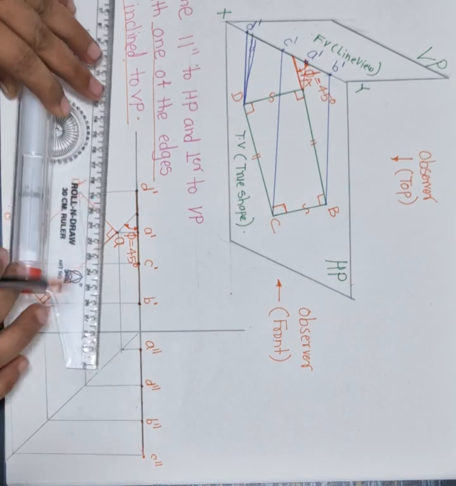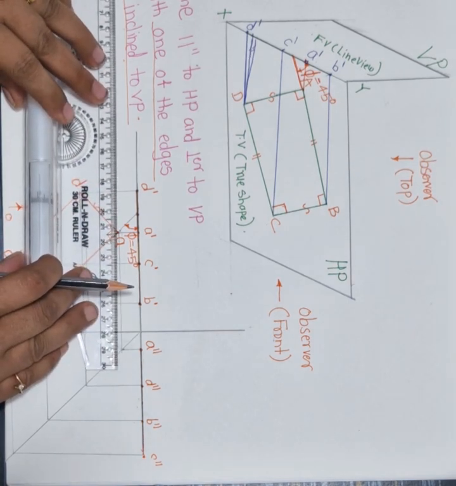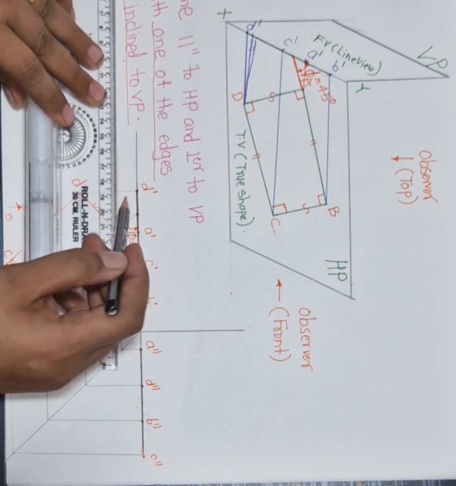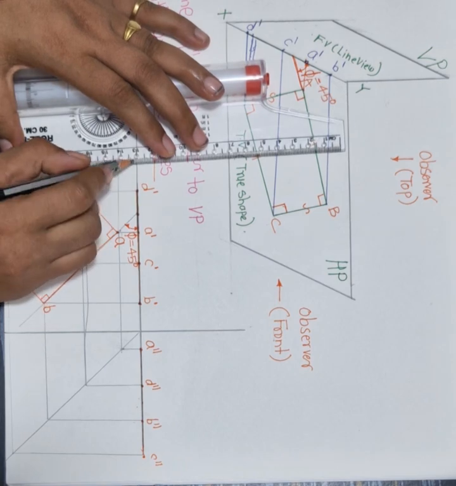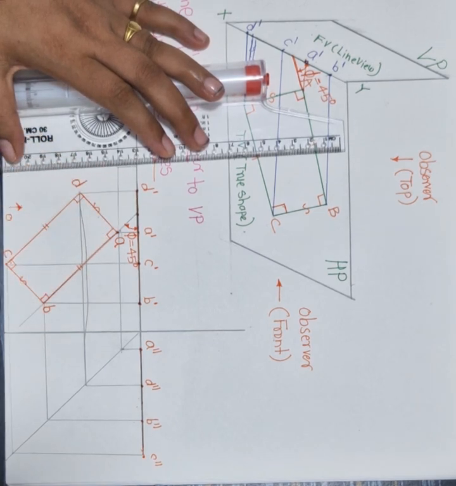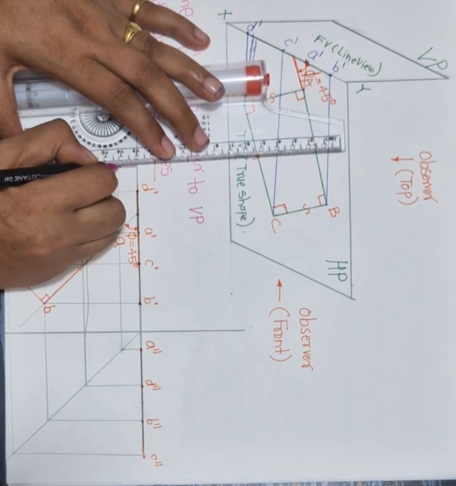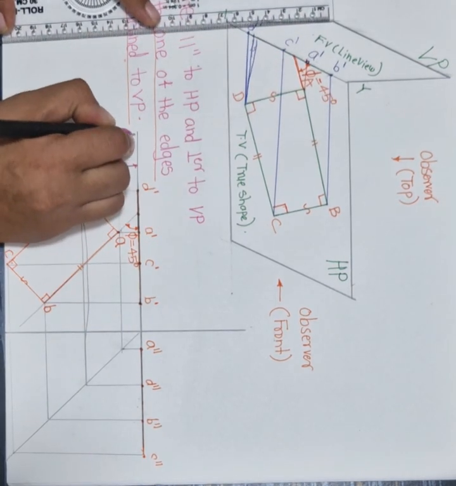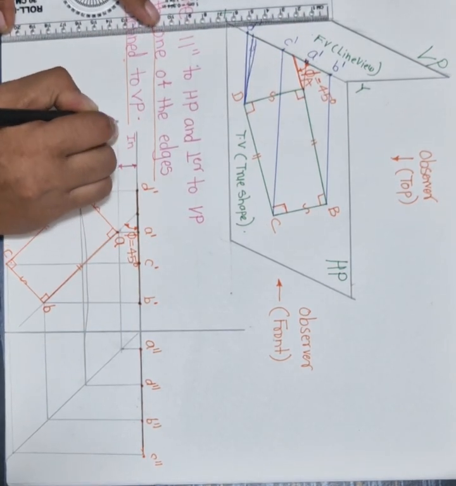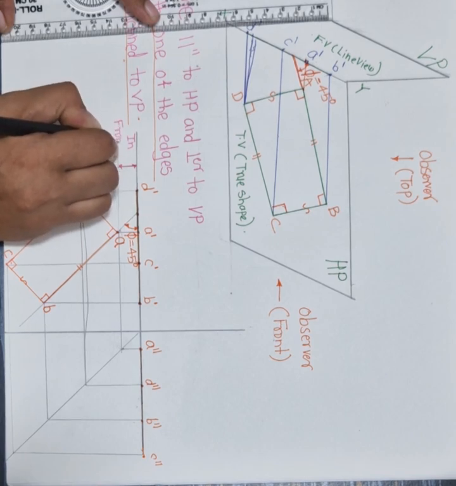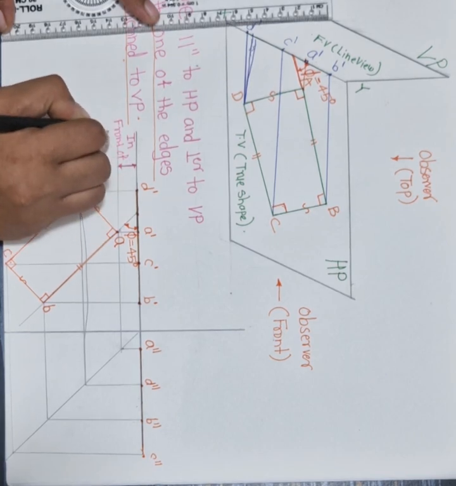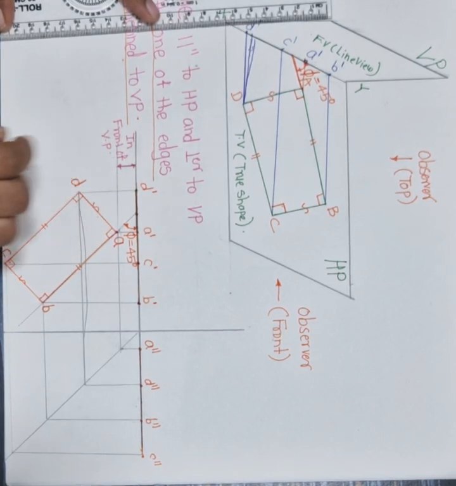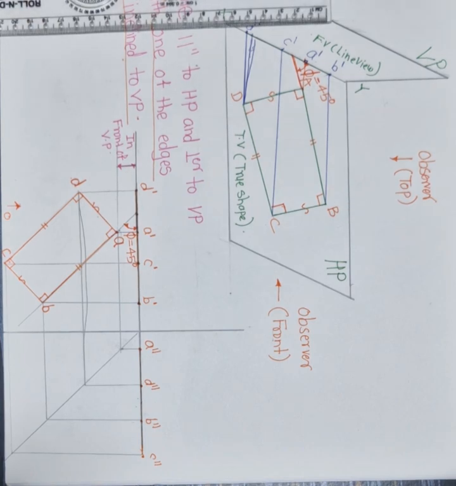Now this distance of corner A is the distance of a corner in front of VP.